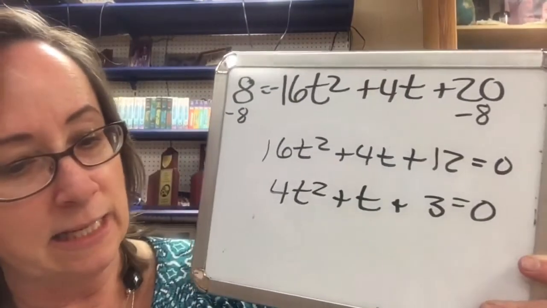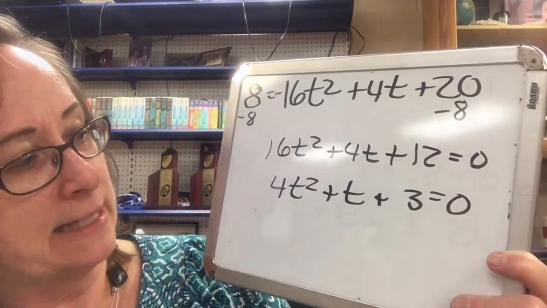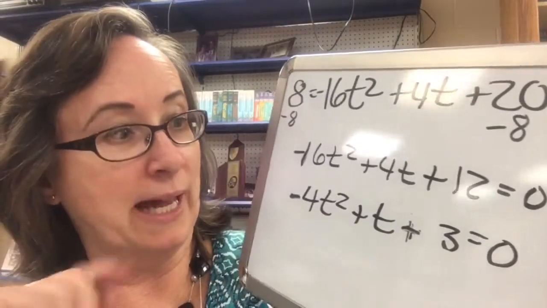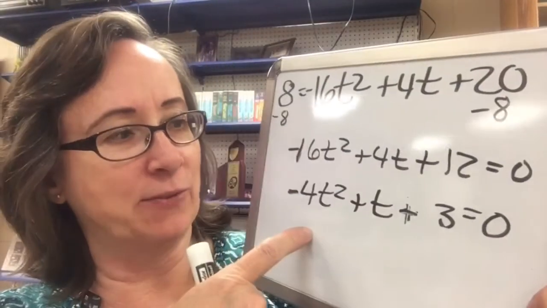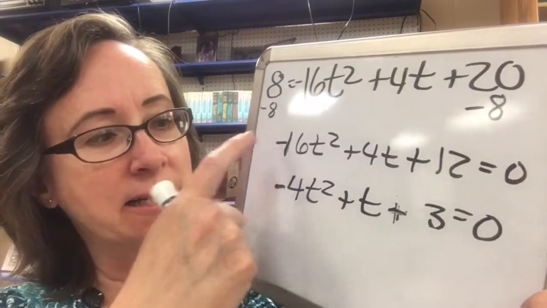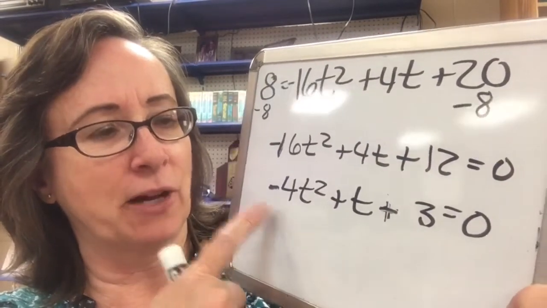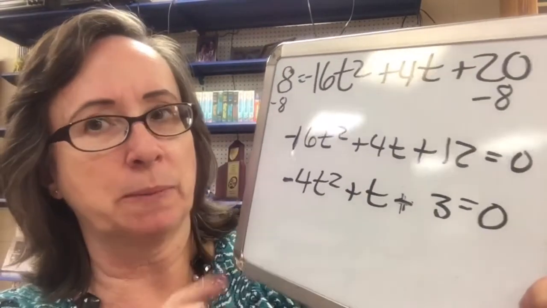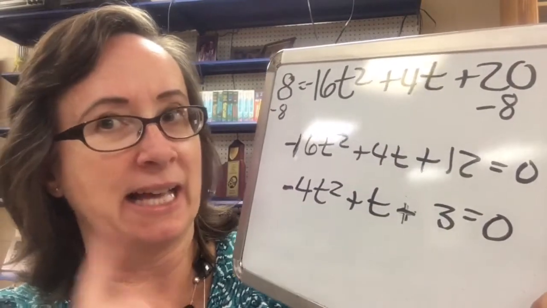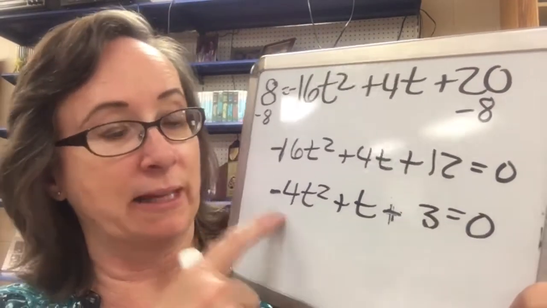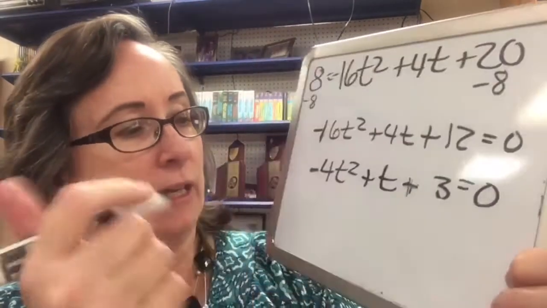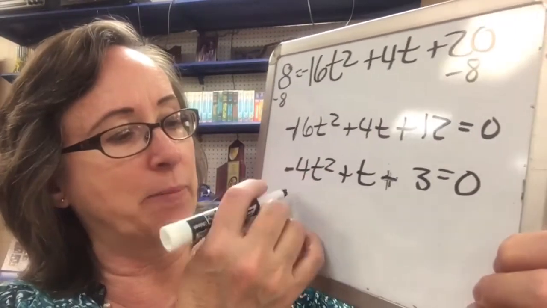I just realized I forgot to bring down my negative sign again, and since I have a negative sign on the front, I'm going to multiply both sides by negative 1, because I never like to try to factor something when I have a negative on the front. So let's just multiply everything by negative 1.